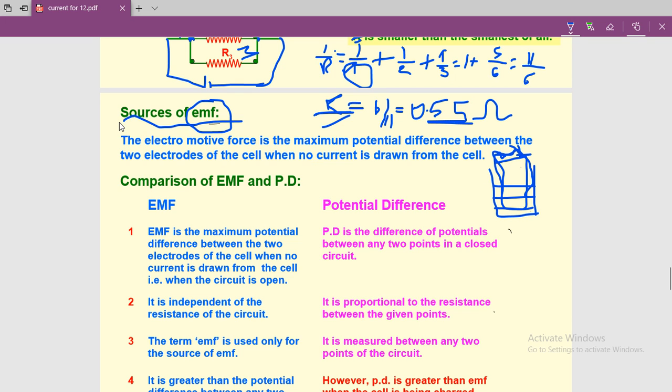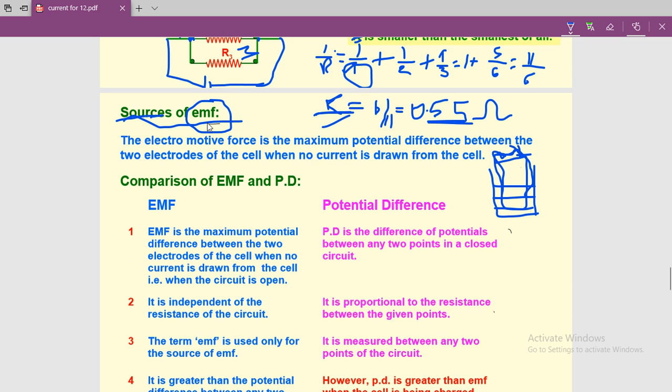But now, what is the source of EMF? You know about sources, what is the meaning of source. So of course the cell is the source of EMF because it is defined for the cell, and a cell is a device which behaves as a source of EMF. So let me define the cell. What is a cell actually? You know that we are studying the chemical cell here.